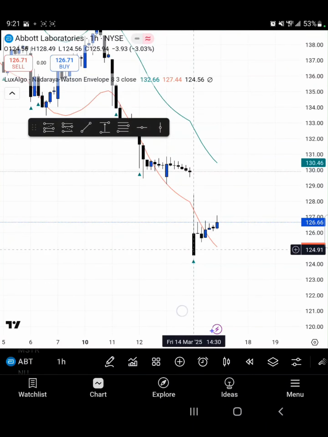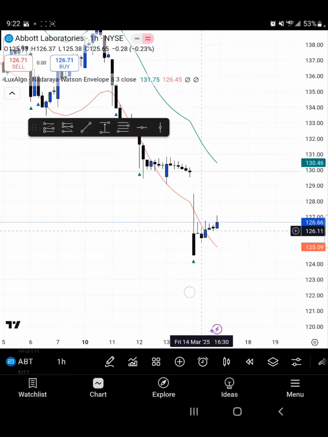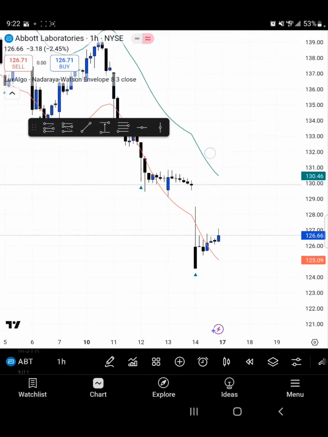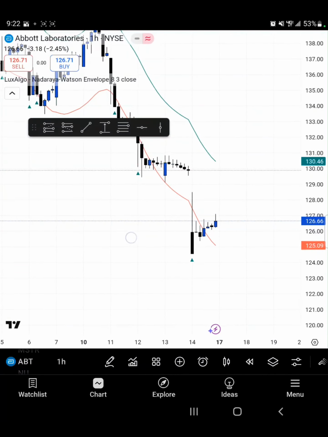If it crosses over the red one, it's signifying a buy, that is signifying you to buy a call. Just like the opposite, if it crosses over the green line, it's signifying you to buy a put, that is telling you to sell the stock.